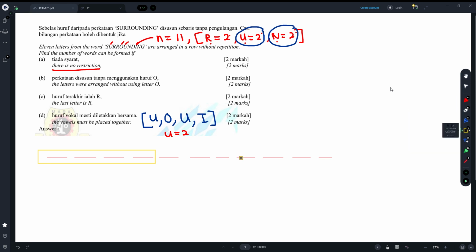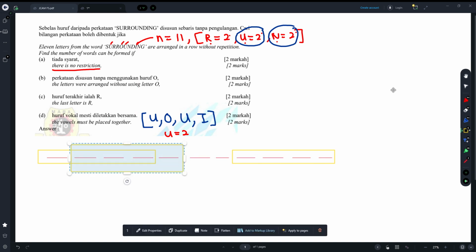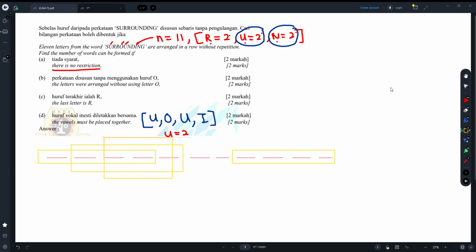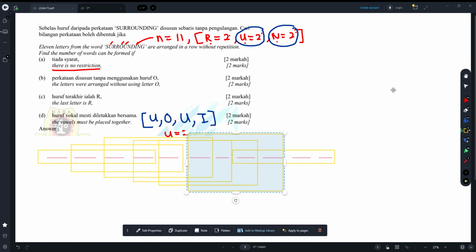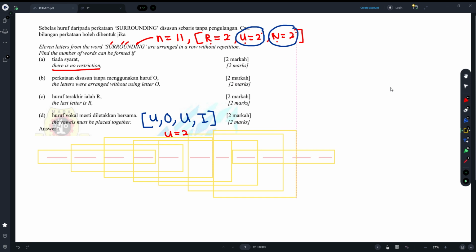But these two are not the only cases. The actual truth is that it can also be together in positions 2, 3, 4 and 5. It also can be together in these 4 positions. It also can be together starting from this position all the way up to here, starting from this position all the way to here, from this position all the way to here, and from this position all the way to here.